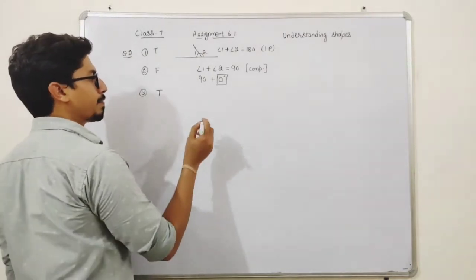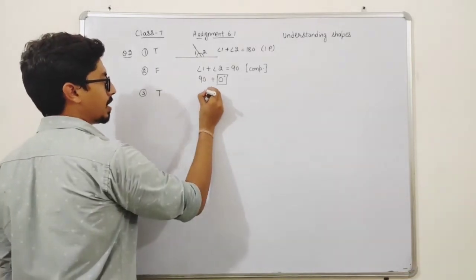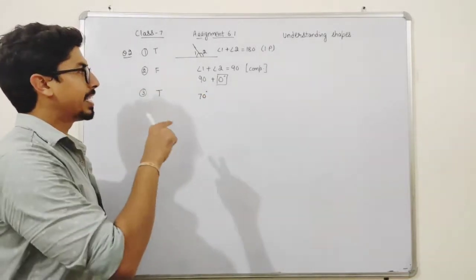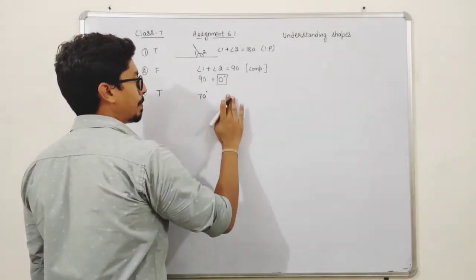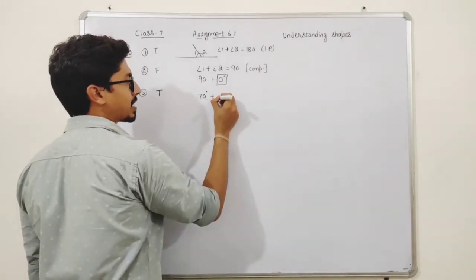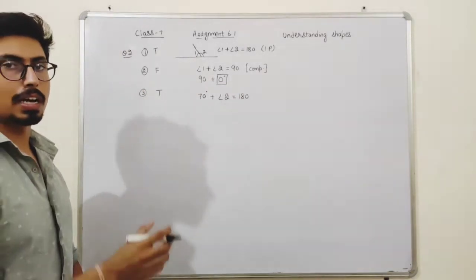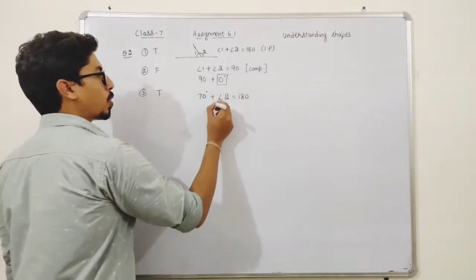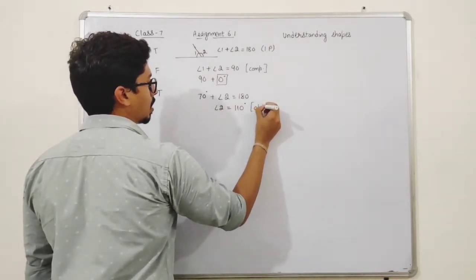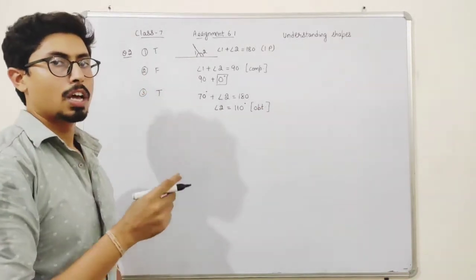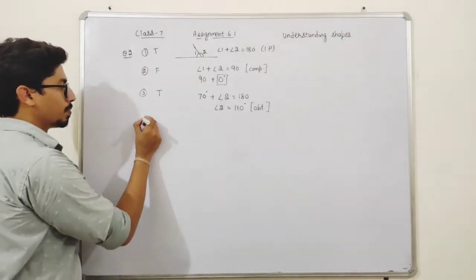Because if I take, for example, any acute angle, say 70 degree, and I take the supplement angle of this, supplement means 70 degree plus any other angle, the sum of these two will be 180 degree because they form a pair of supplementary angles. So angle 2 will be 110 degree. That is an obtuse angle, because obtuse angles are those angles which measure more than 90 degree. So yes, the statement is true.